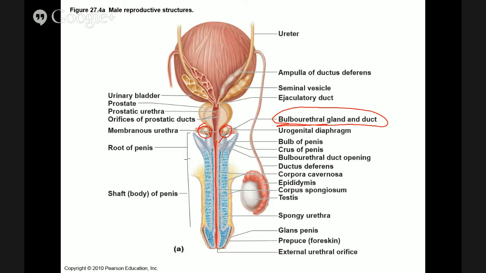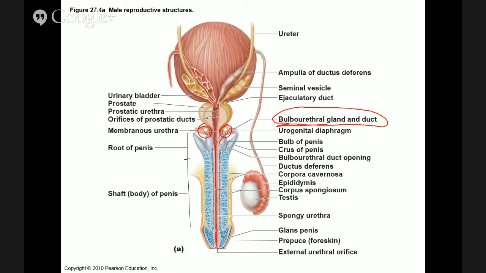So what happens is they get released into the female reproductive tract with this coagulating enzyme, which keeps the sperm from moving too much, and then allows the environment to neutralize, and after a while, the sperm can start making their way along.